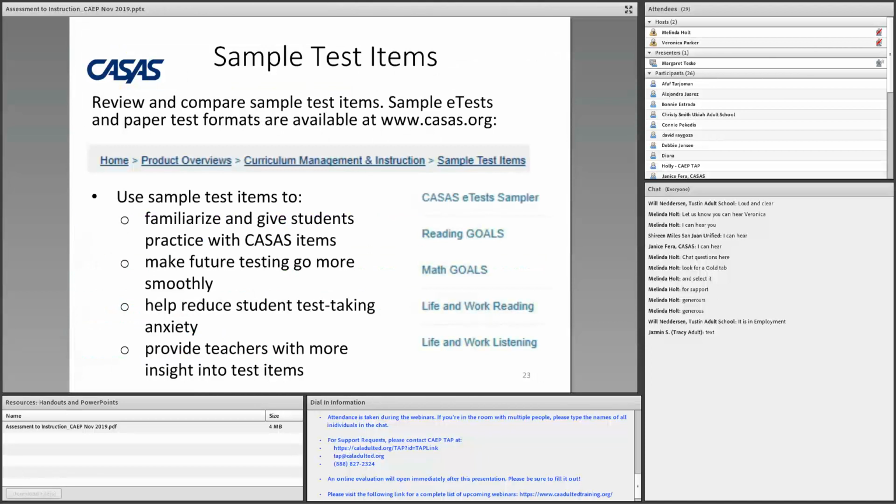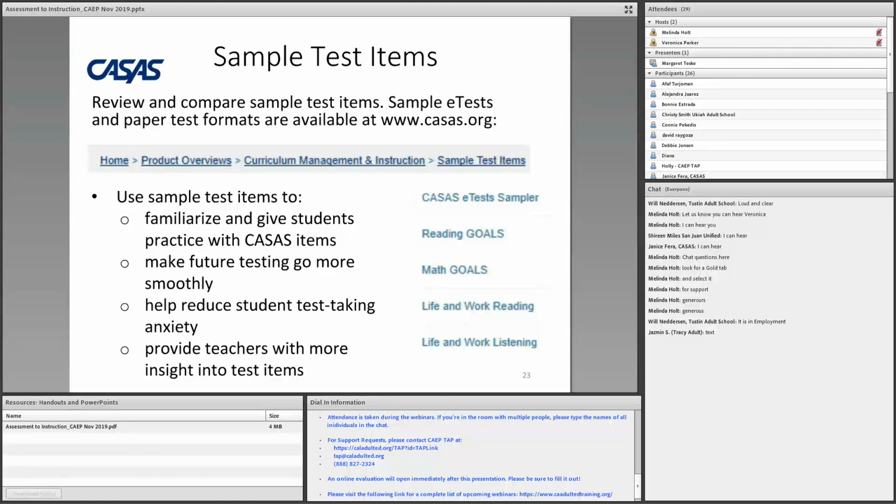There are lots of sample test items available to any of you if you want to go to the CASAS.org website. You simply go to product overviews, curriculum management instruction, to sample test items. Students are particularly interested in the CASAS e-test sampler that includes reading goals, math goals, and life and work reading and listening.